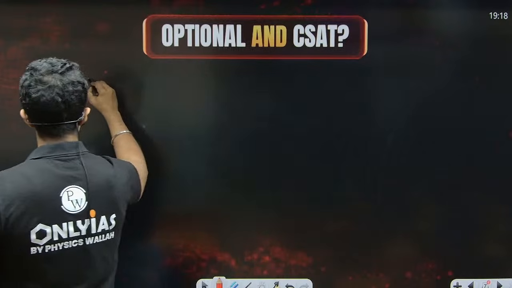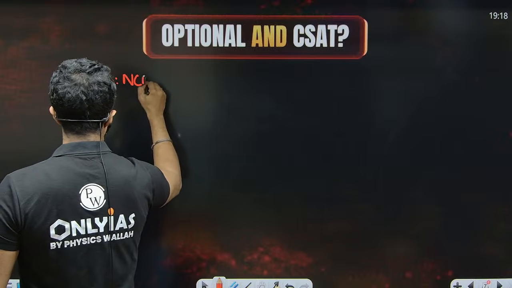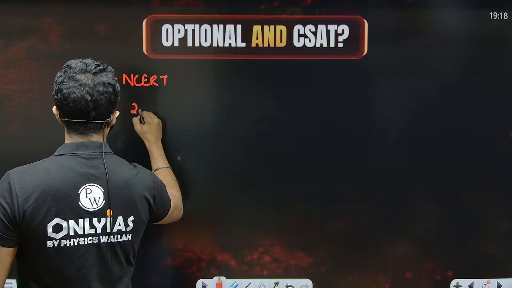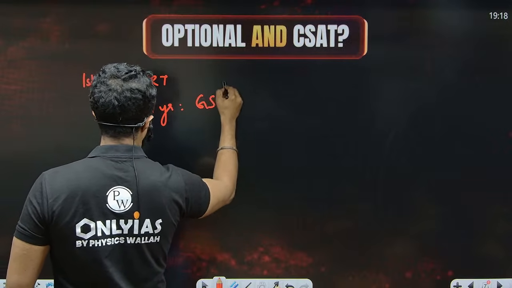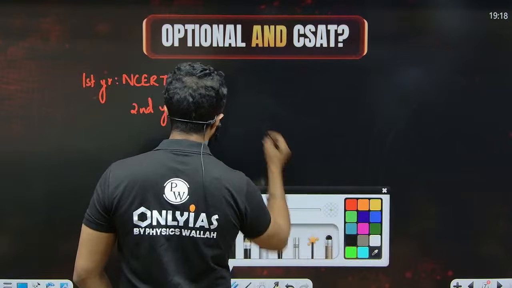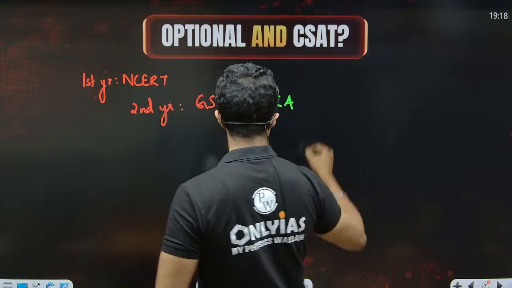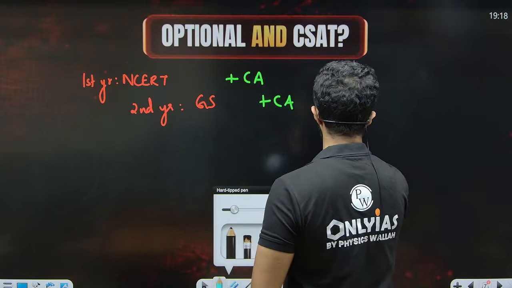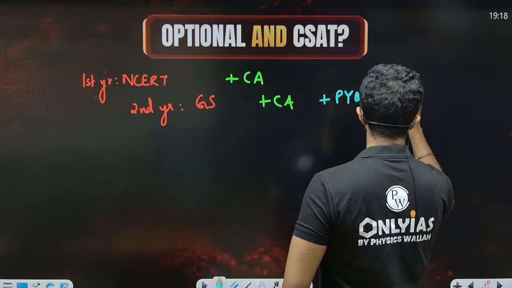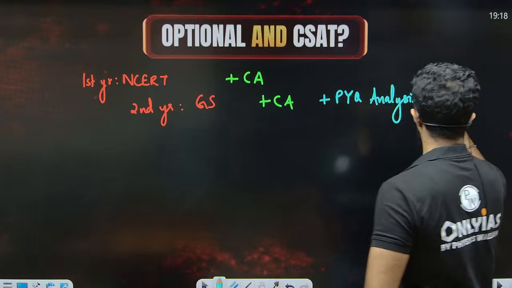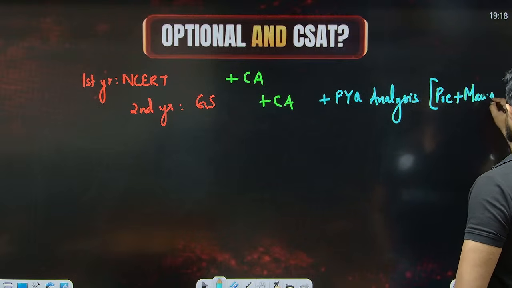So, first year you are done with NCERT. Second year you are done with your GS. In both the years you will be doing your current affairs. And hopefully you would have also done by now the PYQ analysis of both prelims plus mains.